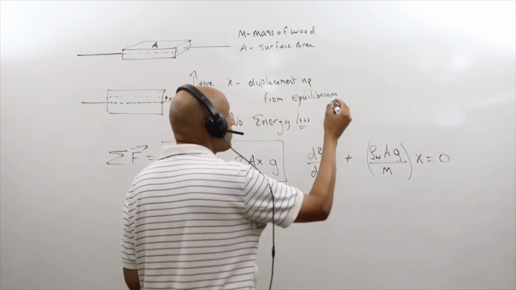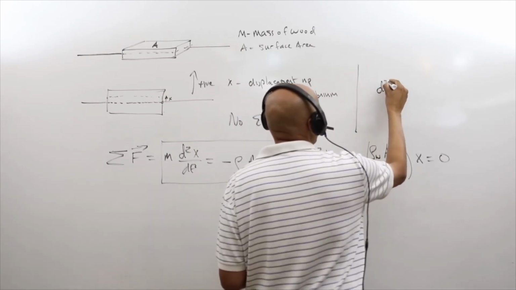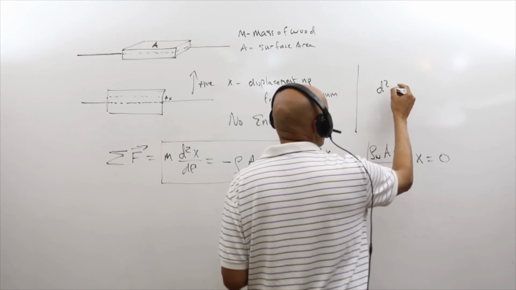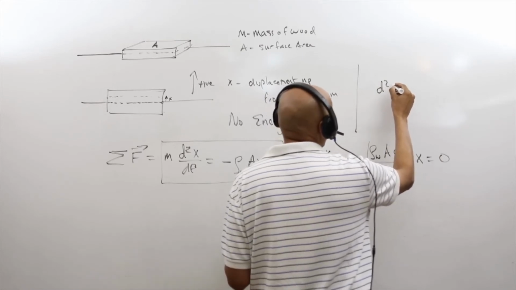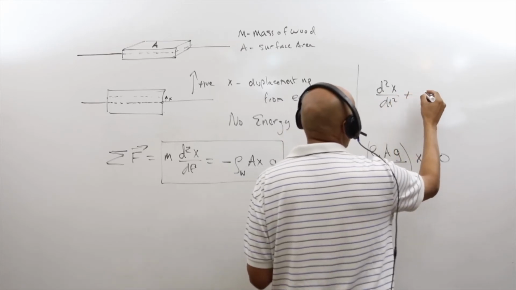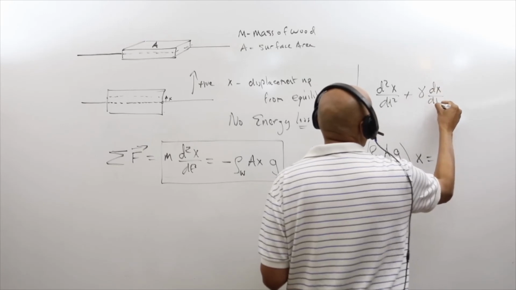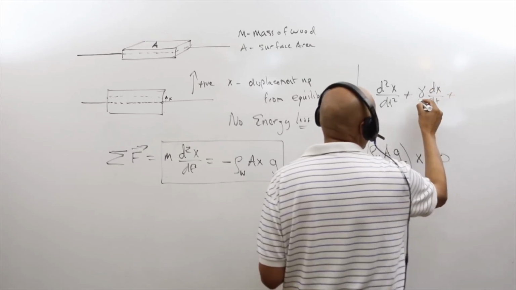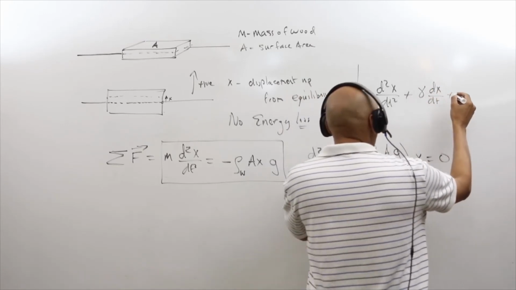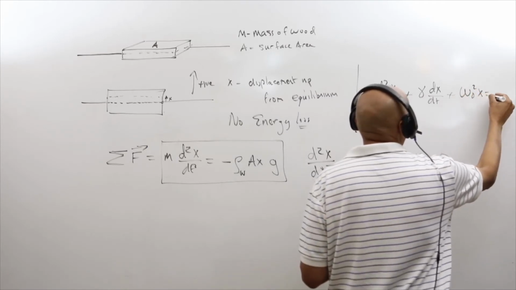But we know the general equation that we want to look at for vibrations, including damping, is d squared x over dt squared plus gamma dx/dt. So this is the damping factor, which is 0 in this case. We don't have damping. Plus omega naught squared x equals 0.